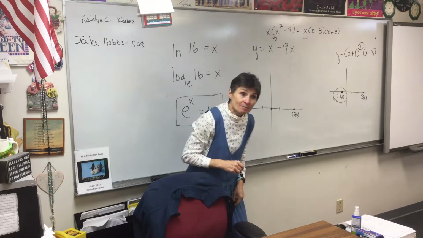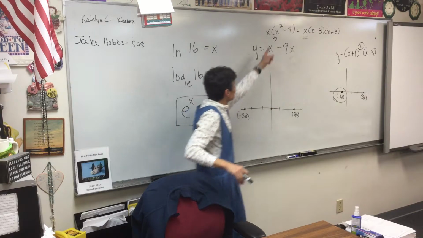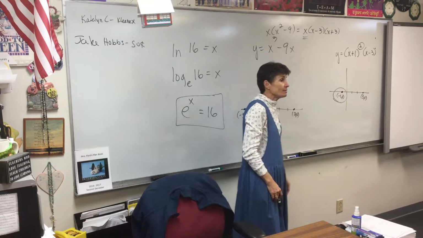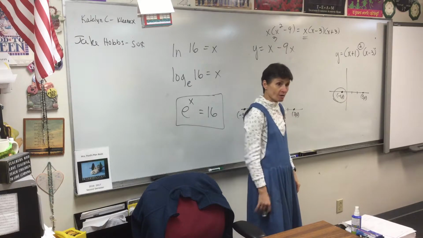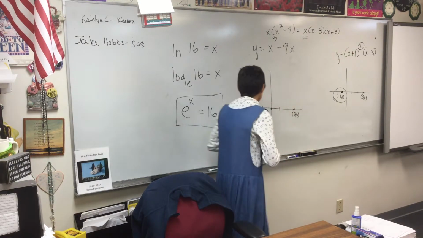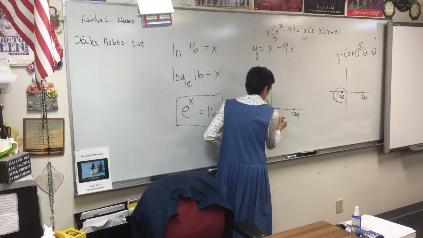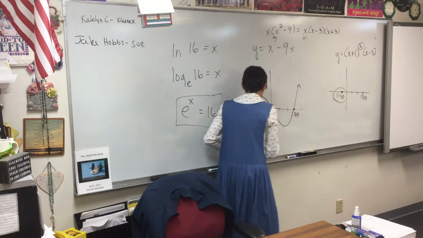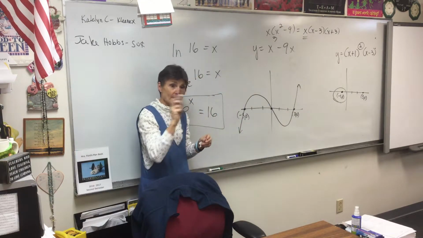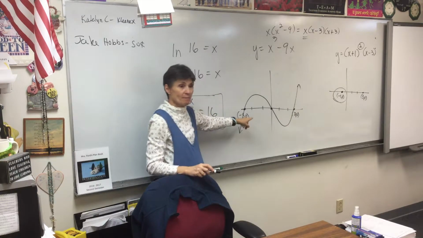How does he know to start down, end up? It's an odd function. And odd functions start down and end up every time. So we're going to start down here, come up, come down, there we go. So you will look on your paper, A, B, C, D, E, and find the choice that closest matches that.